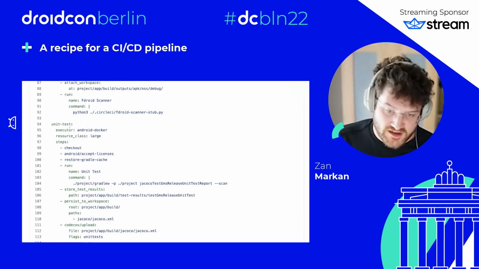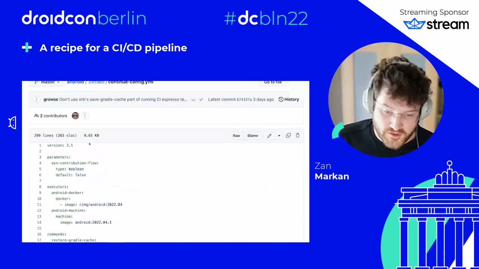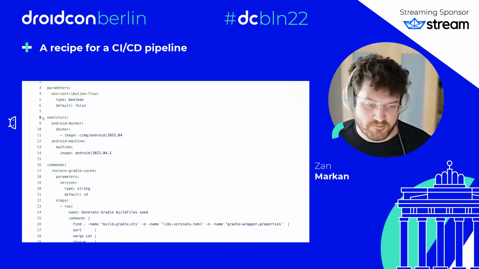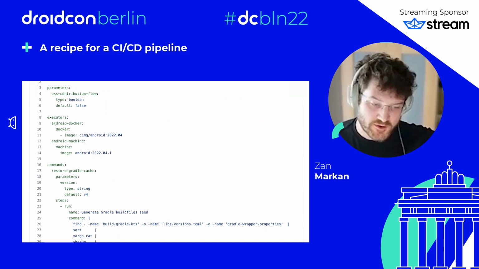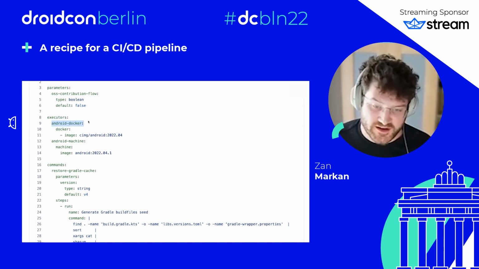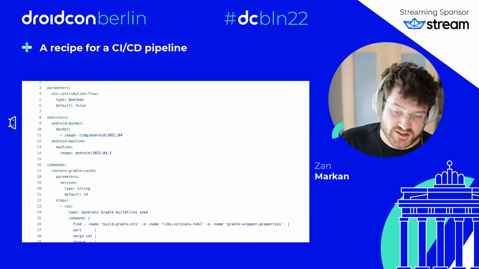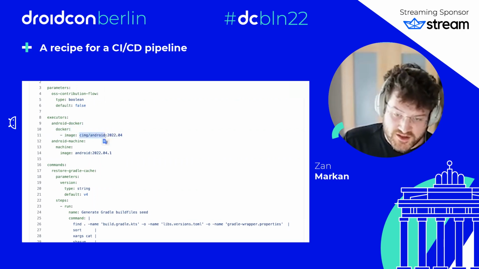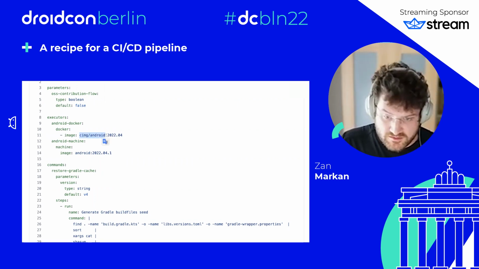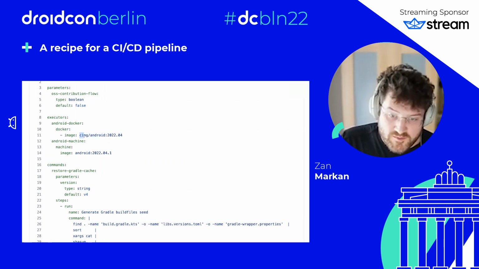So let's look at the executor. We've basically pulled them out because most of the jobs will reuse these. That's why they're a lot easier to just define as Android-Docker, and that's how you could basically specify the versions. So these are all published. They're Docker images published on Docker Hub. We make those.